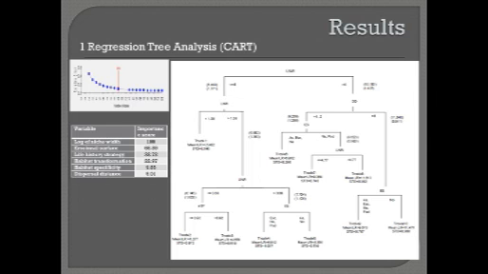I did a regression tree in CART, and using bootstrapping, it gave me the best tree. I then pruned that tree back to use 10 nodes, which, looking at it biologically, was the most sensible number of nodes to use.